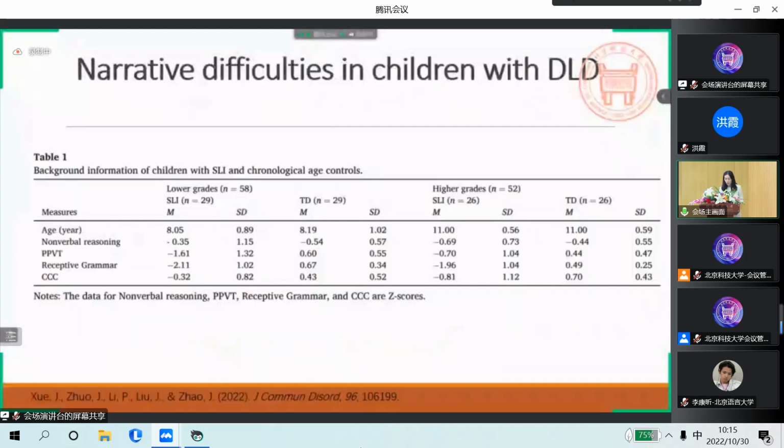According to these two questions, we screened four groups of participants. From the lower grades, we included 58 children, and from the higher grades, about 52 children.